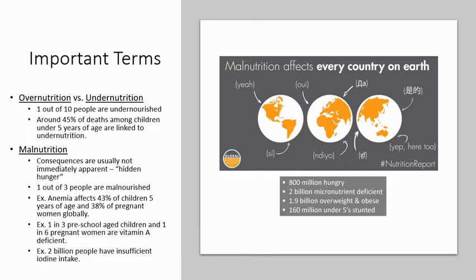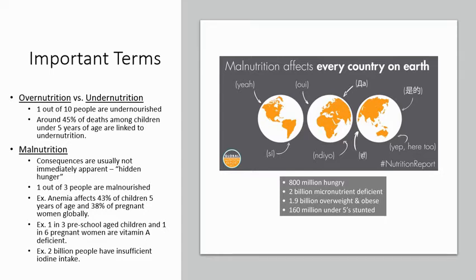The consequences, which you'll be studying next week, are oftentimes not immediately apparent. It can be really delayed. And so this is sometimes called hidden hunger. Someone might be getting the right number of calories or even too many calories, but they may have things start going wrong with their bodies that are related to the actual nutrients in those calories that they are consuming. So interestingly, 1 out of 3 people around the world are malnourished.